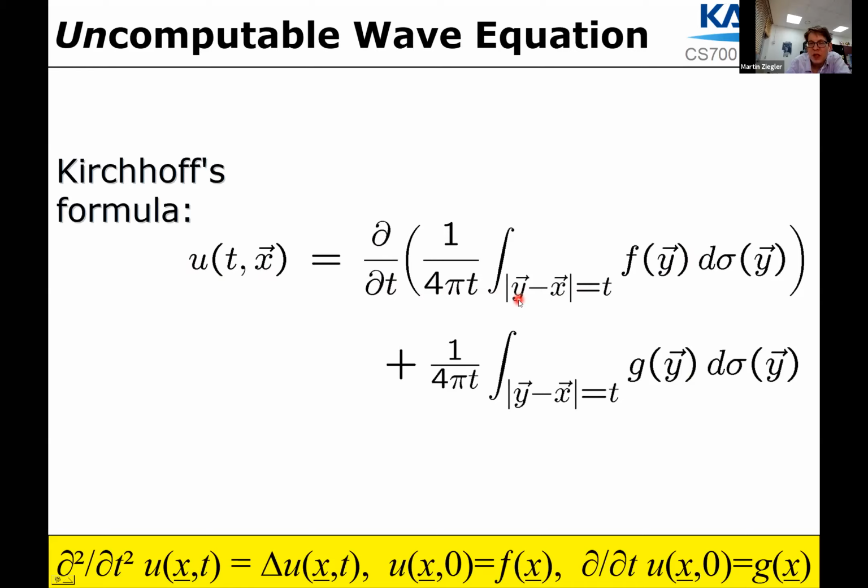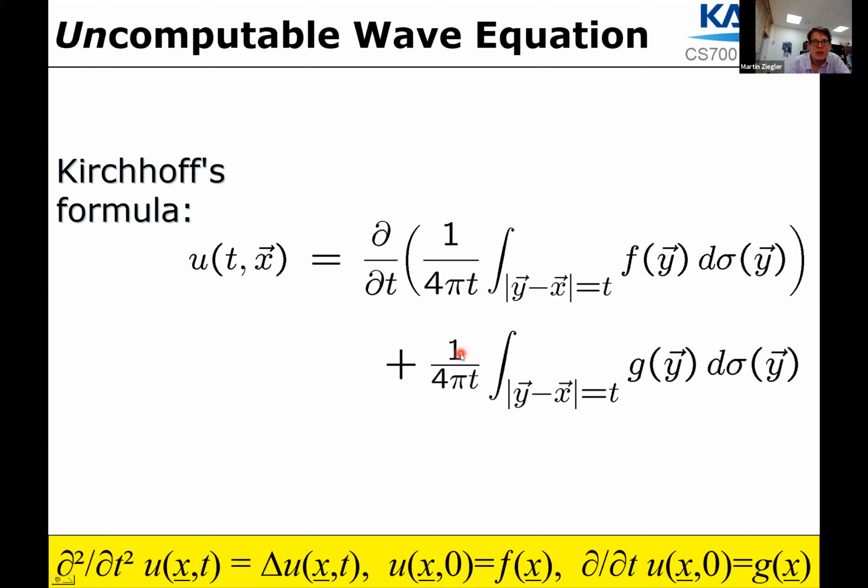So y ranges over the surface of a sphere centered at x with radius t. And we take the average of the initial condition f on that shifted and scaled sphere. This basically just means taking the average, and then taking the derivative. And similarly, there's an expression that involves the other initial condition, namely the first derivative, which is also a surface integral, but now without this partial derivative.